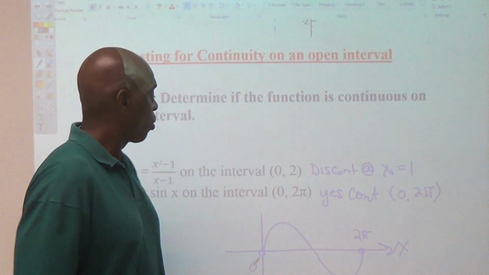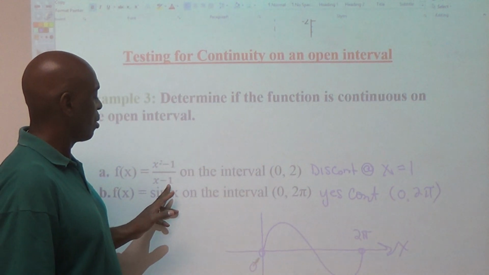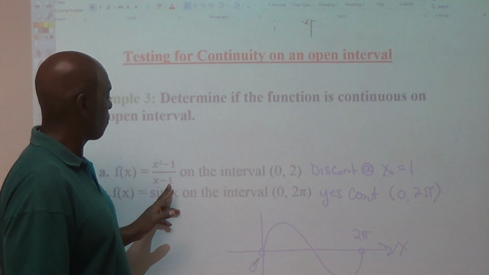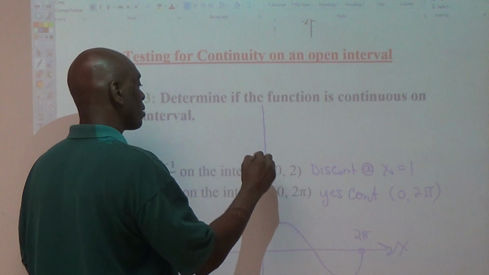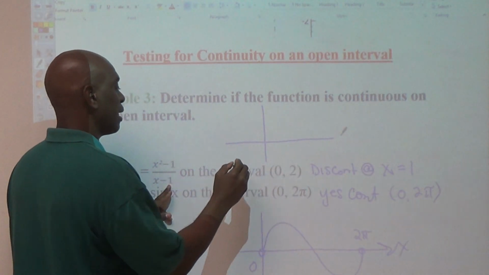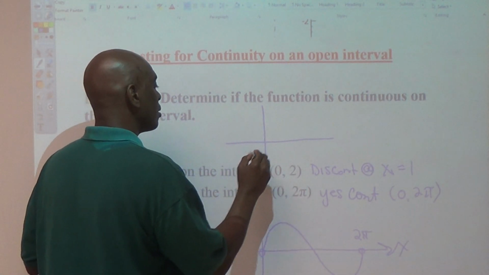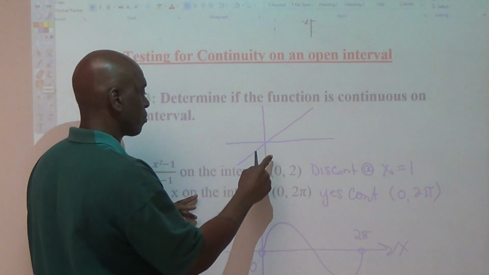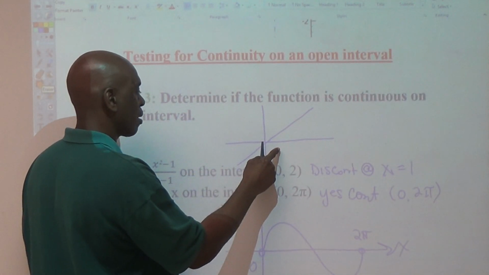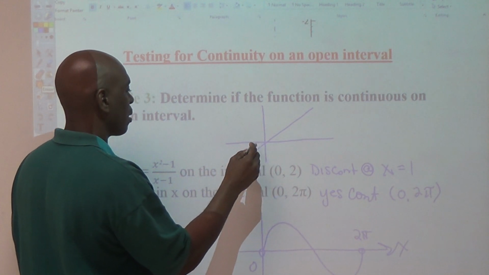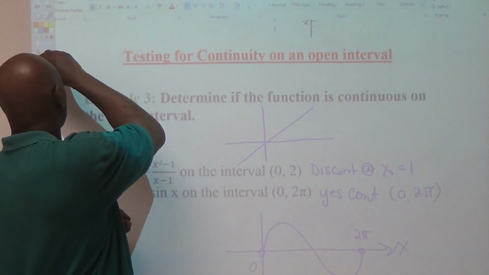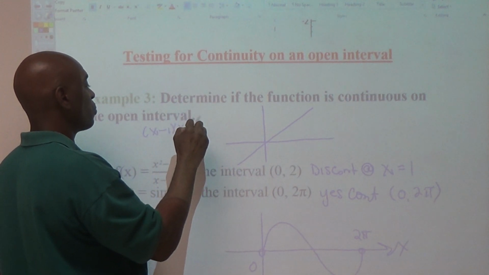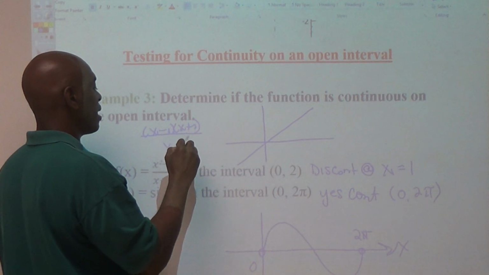Whereas with this function right here, we're going to have a hole. That's going to be a line, and somewhere here at 1, let's see, x minus 1, x plus 1, all over x minus 1.